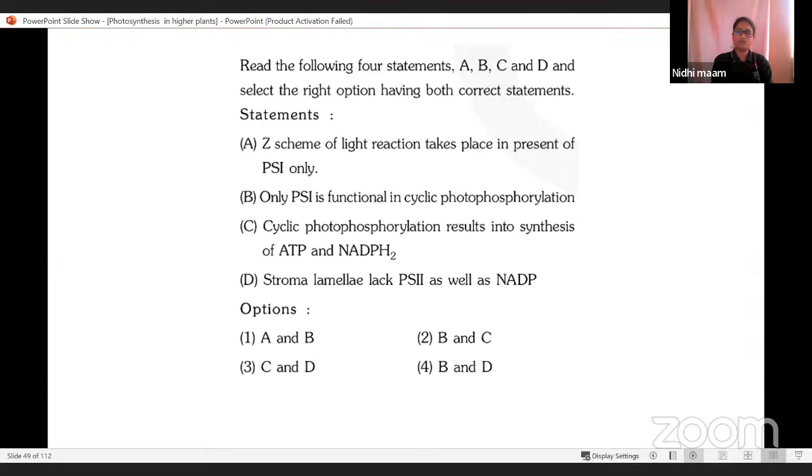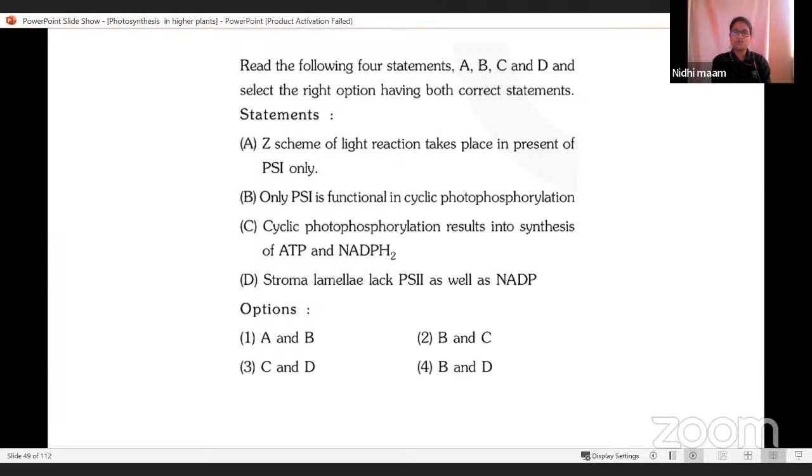Read the following four statements A, B, C and D and select the option having both correct statements. A, Z scheme of light reaction takes place in presence of PSI only. B, only PSI, that is photosystem 1, is functional in cyclic photophosphorylation.